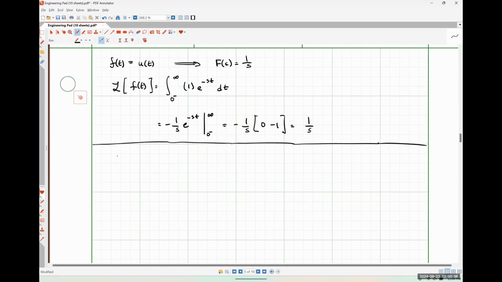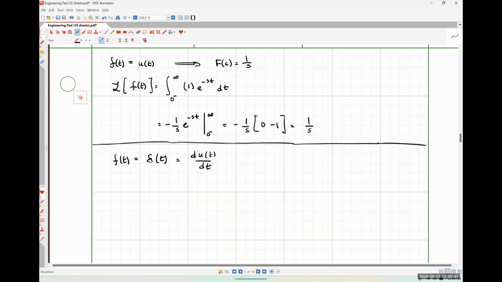So our next function that we're interested in is a Dirac delta function. Now, what do we know about the Dirac delta function? It is the derivative of the unit step function, right? So this is just the derivative of u of t with respect to time.